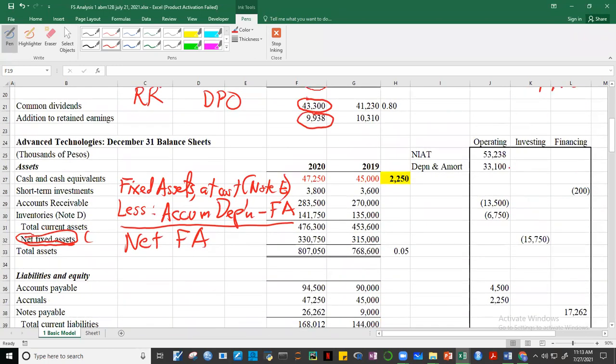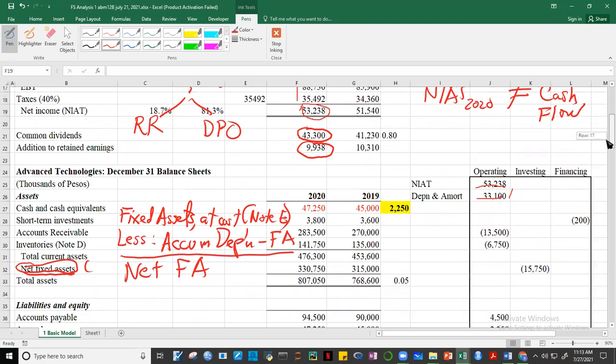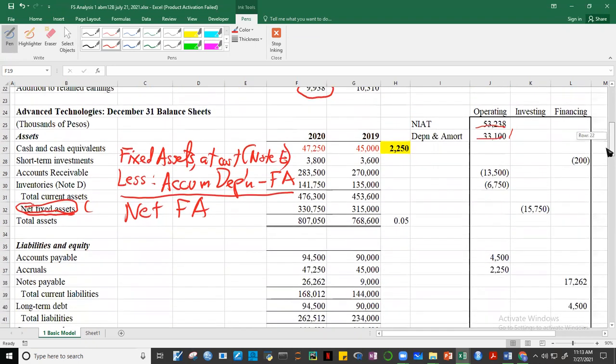Dinagdag natin itong 33,100 na depreciation expense in order to convert our net income after tax into cash. So ito cash na to, guys, and we need to convert it because this is the statement of cash flows. We're looking here at the items that involve cash.